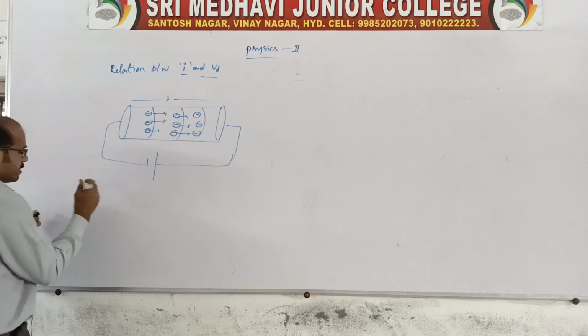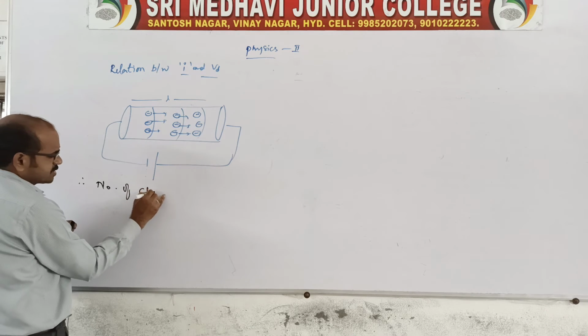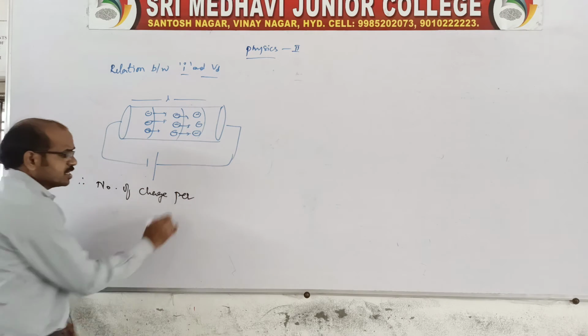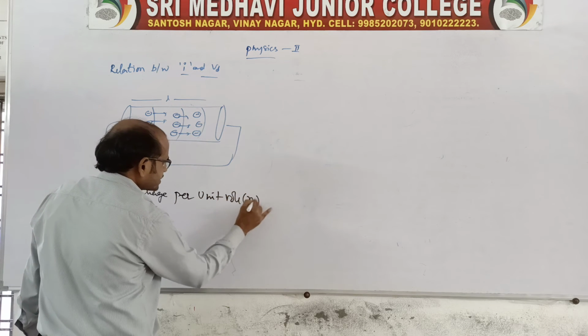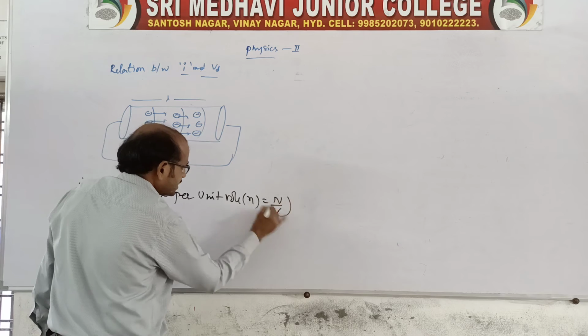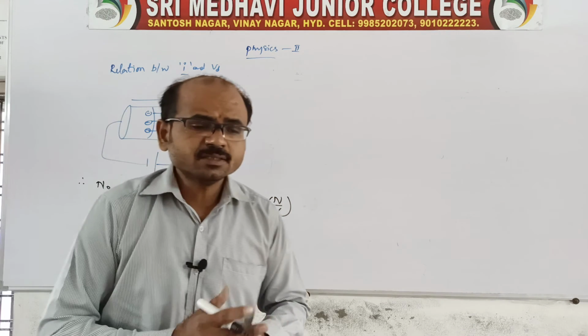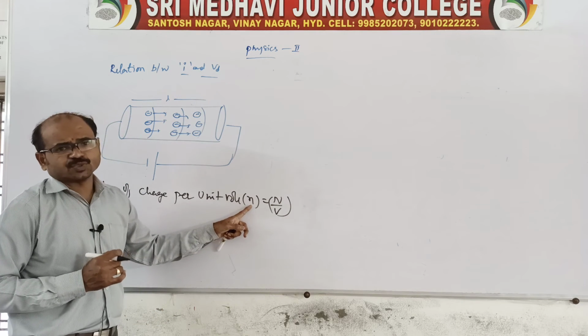So you say the number of charges per unit volume, small n, is equal to capital N by V, because out of the total number capital N, only small n charge carriers are moving.